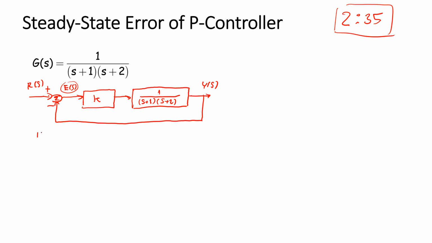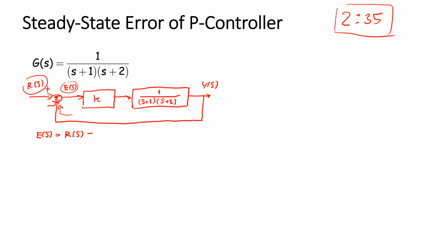The error in the Laplace domain is equal to the reference signal subtracted by the feedback.